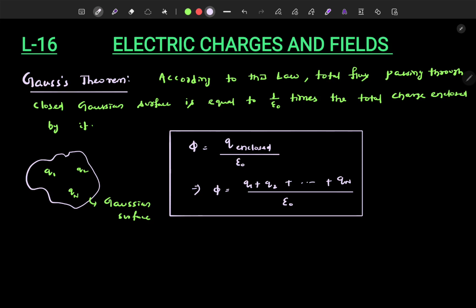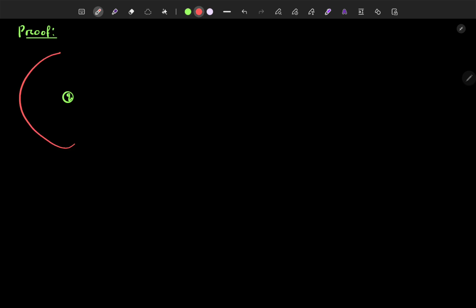Yes, so let's derive this law, how phi is equal to q by epsilon naught. So let's come to its proof. Let us think this is our charge q, source charge is q, and this red color surface, that is your spherical surface, this is your Gaussian surface.